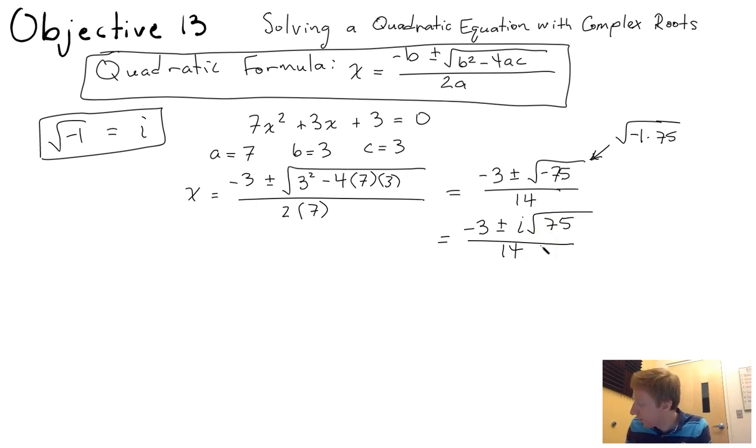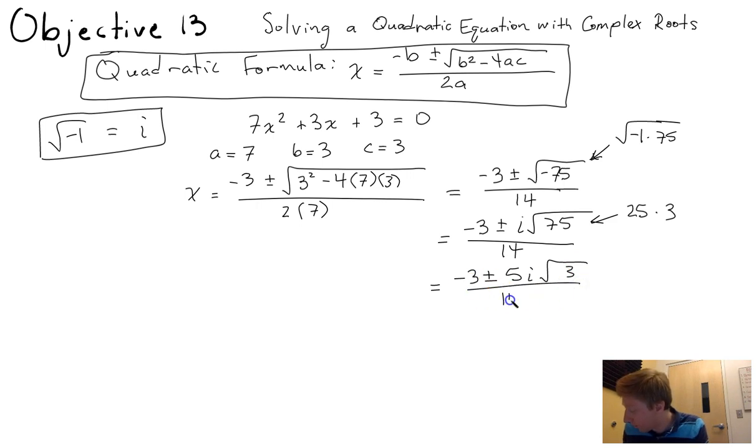We can simplify the 75 to 25 times 3, so we can pull the 25 out of the square root. So this equals negative 3 plus or minus, and the square root of 25 is 5, so 5i times the square root of 3. That's all we have left in the square root, and the square root of 3 cannot be simplified any further.